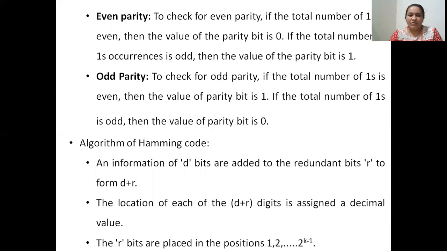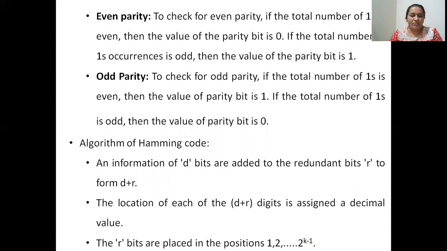When we see the algorithm of Hamming code, the information will be of d bits, and this will be added with redundant bits r in size. So the total data which is transmitted will be d plus r bits long, where d is the original data and r is the redundant bits. The location of each of the d plus r digits will be assigned an equivalent decimal value.